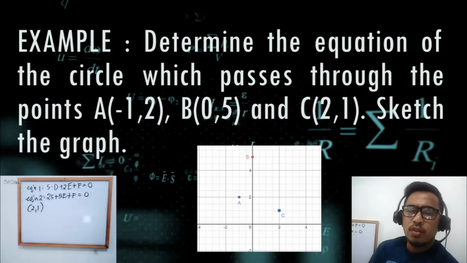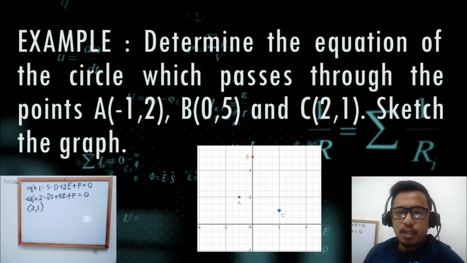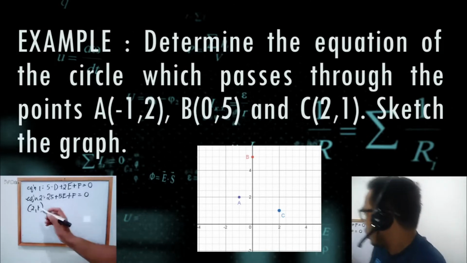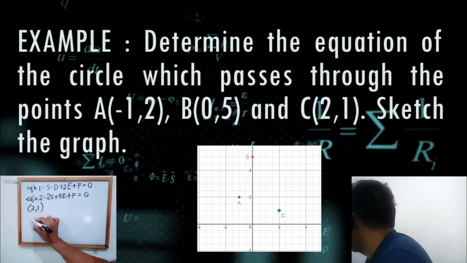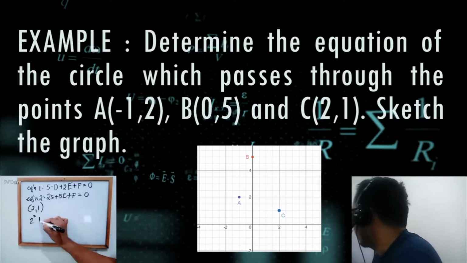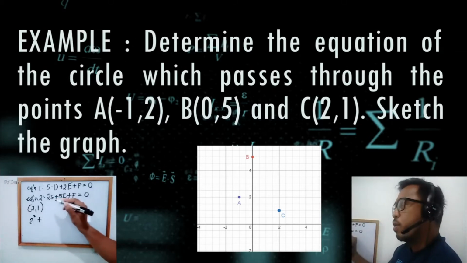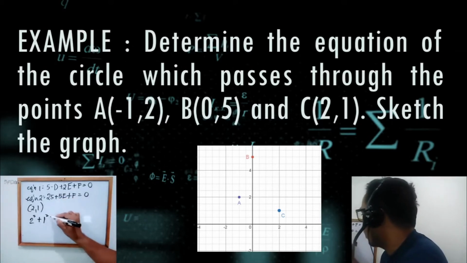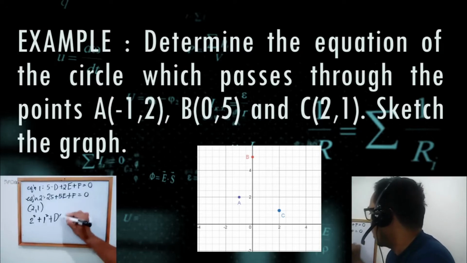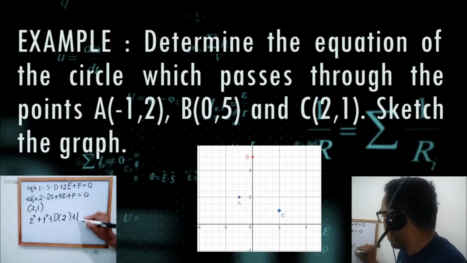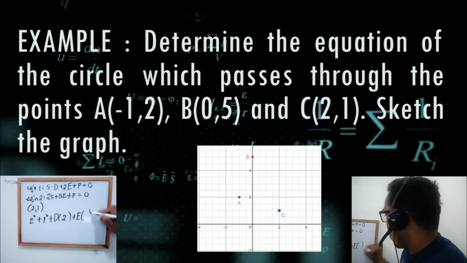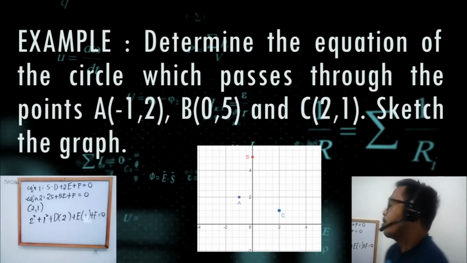Our last point, the third point, is the point (2, 1). So we will substitute it to our general form. So you will have 2 squared plus 1 squared plus Dx, our x is 2, plus Ey, our y is 1, plus F equal to 0.